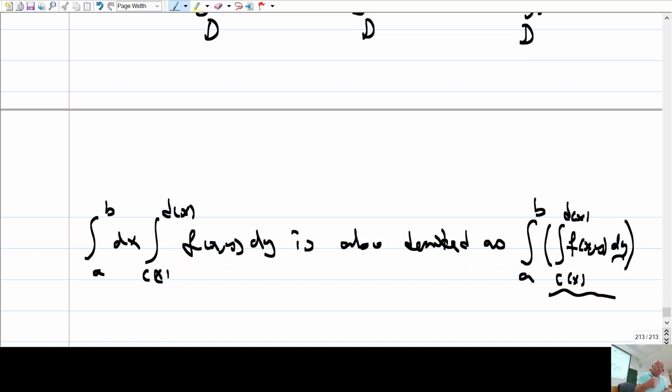What you get is a function of x, and then you just integrate with respect to x. Okay? This notation and this notation are the same.